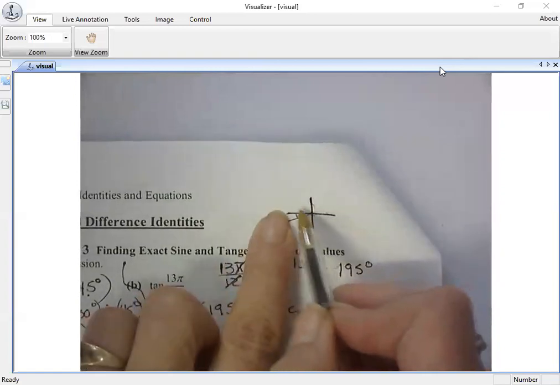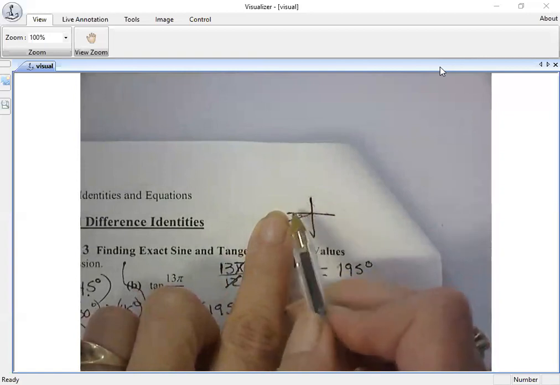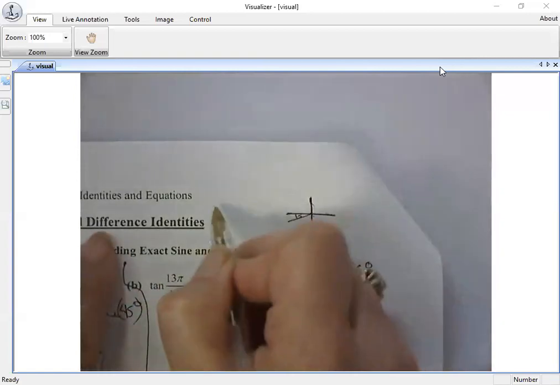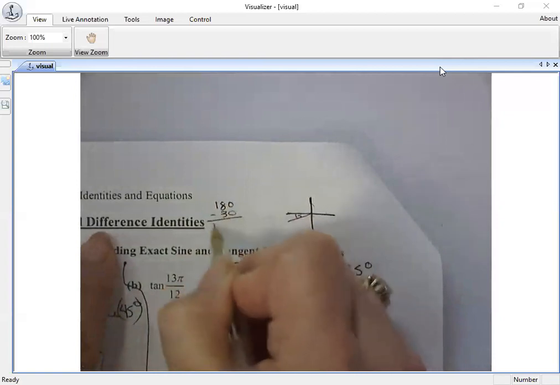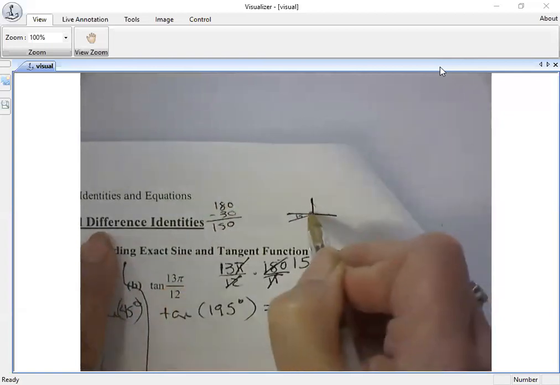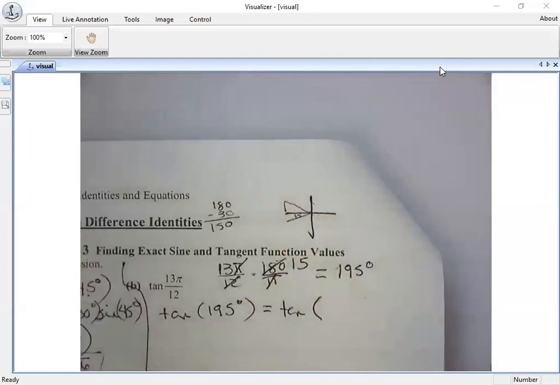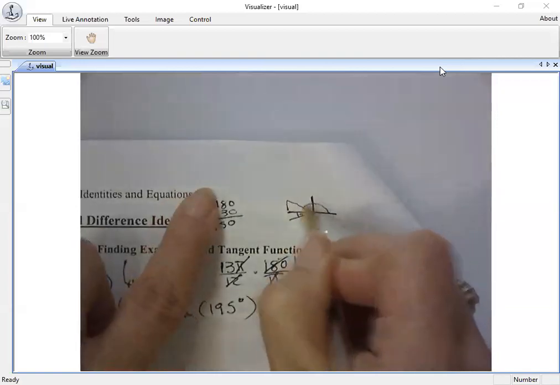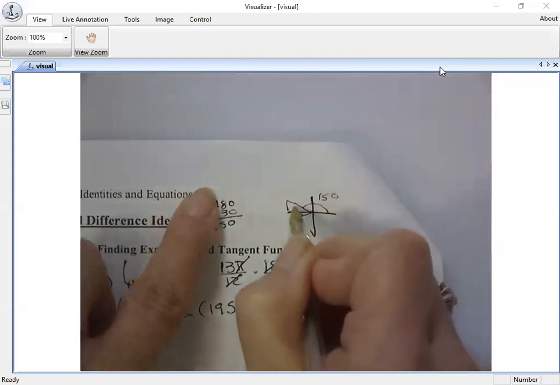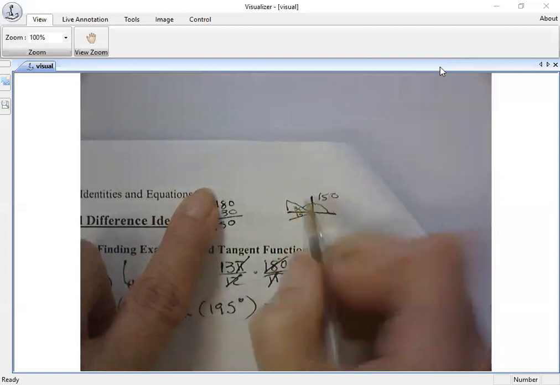So if I want an angle that's got a reference of 30 or 45 or 60 in quadrant 2, I would have to do 180 minus 30. That would give me 150, which is what we just settled on. And if that's 150, that means this one is 30, okay?